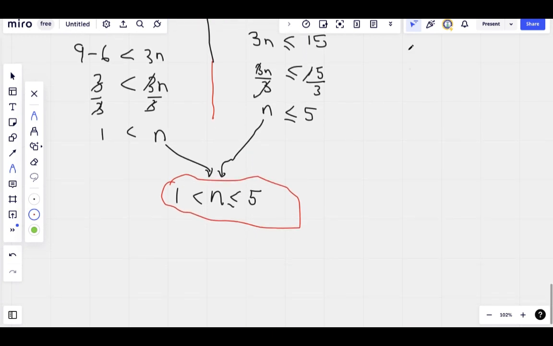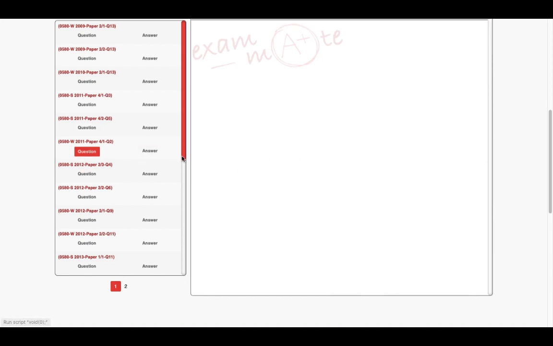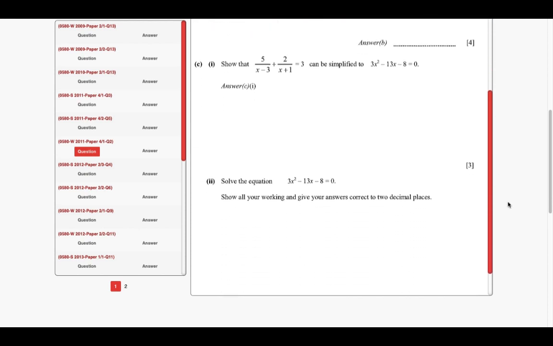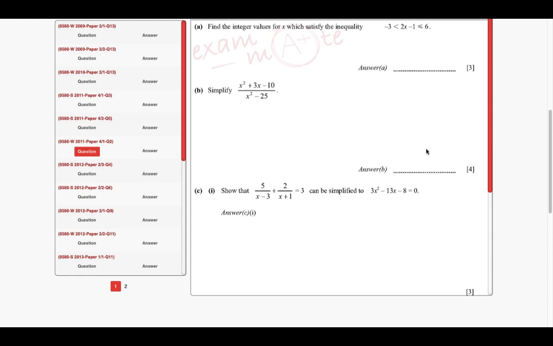Okay, let's take another one. These are from an IGCSE paper, from ExamMate. Let's take a look at another question that has inequality. The first one has an inequality, and that's the only inequality for this question. These are algebraic fractions, the ones we've done.